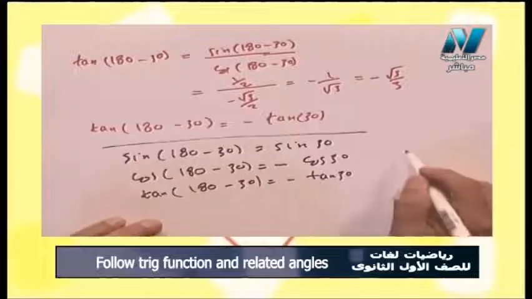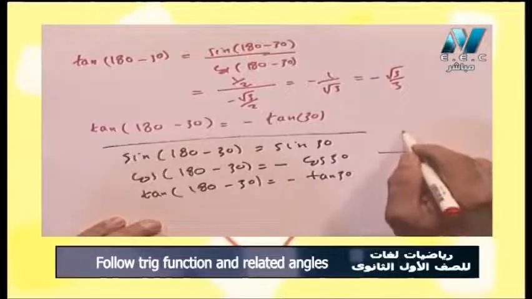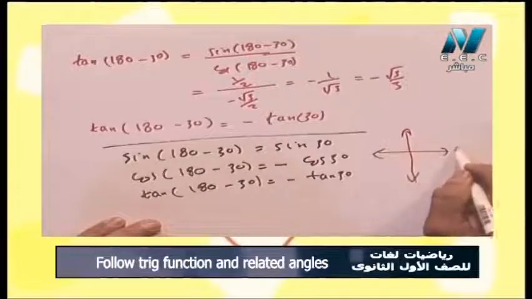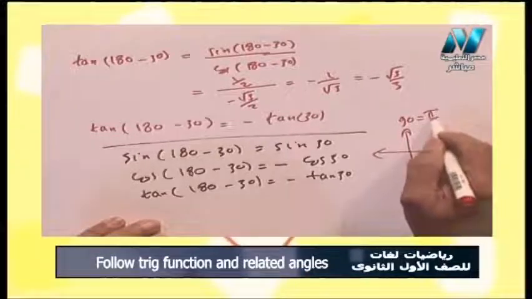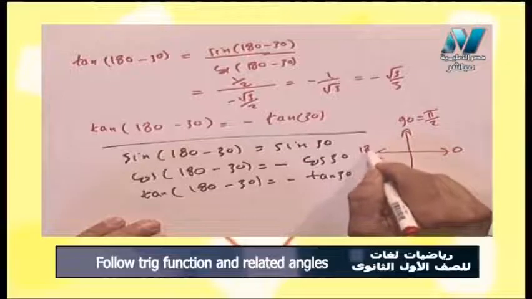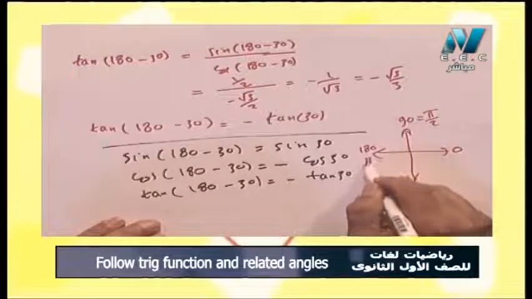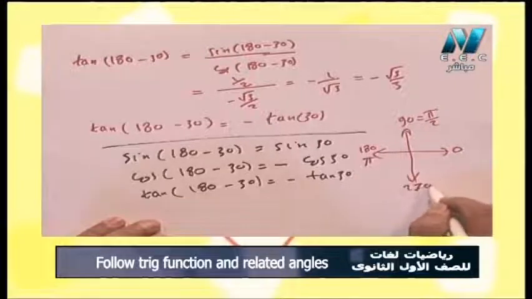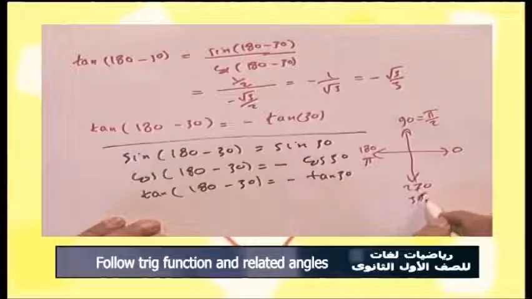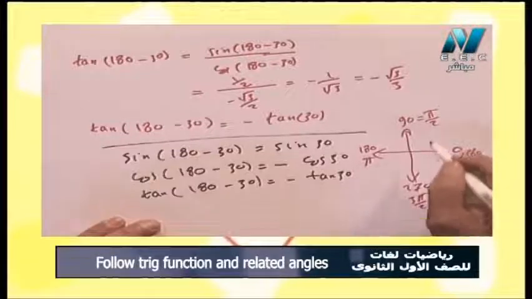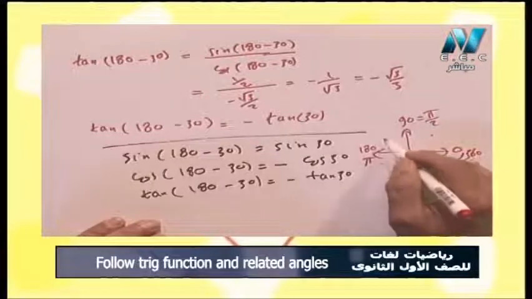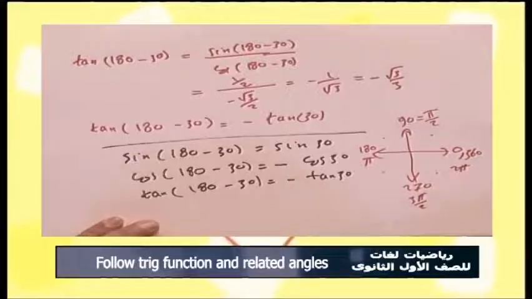We know that we have 4 quadrants, like that. We have 0 degrees here, 90 or pi over 2, and 180 or pi, 270 or 3 pi over 2, and we have 0 or 360 or 2 pi here. So we have the first quadrant here, the second here, the third here, the fourth here.